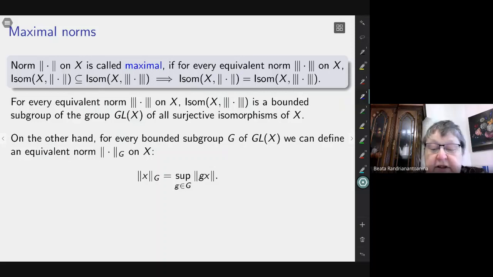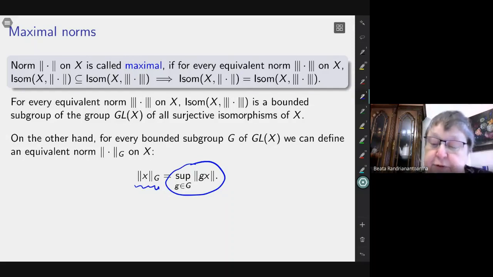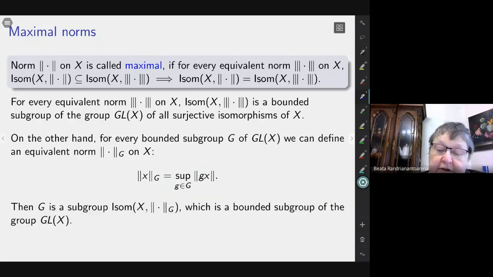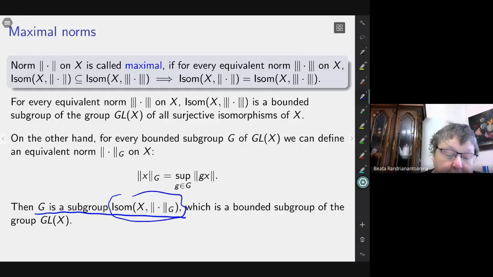On the other hand, if I do have a bounded subgroup, then I can define a new norm depending on that group G simply by this condition. It's always bounded, so let's produce a supremum. It's easy to check this is a norm, and every element of G clearly will be an isometry in this norm, meaning it will be a subgroup of the isometry group, a bounded subgroup.